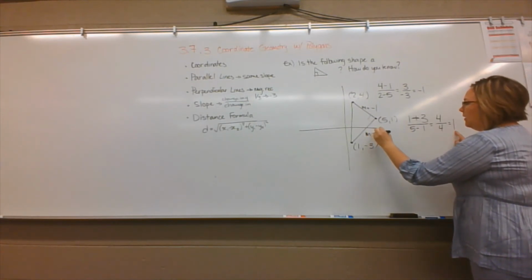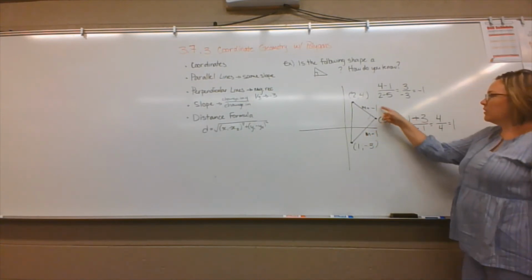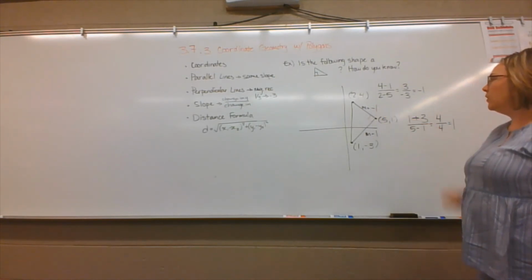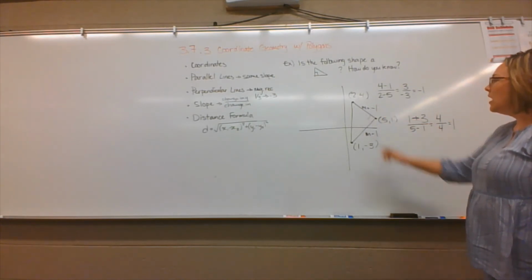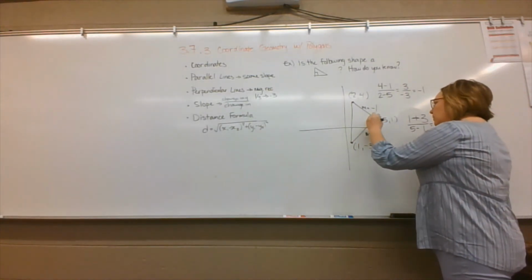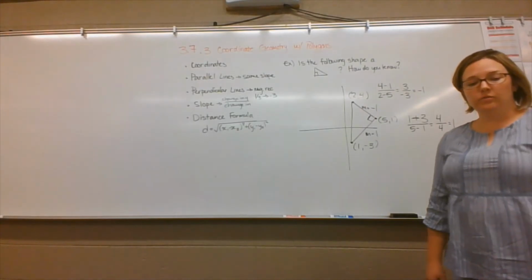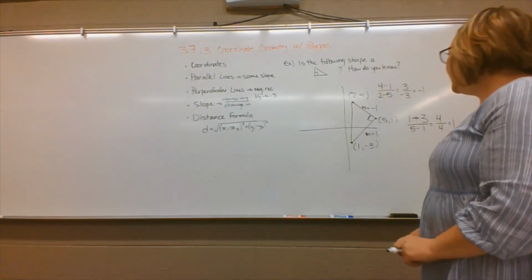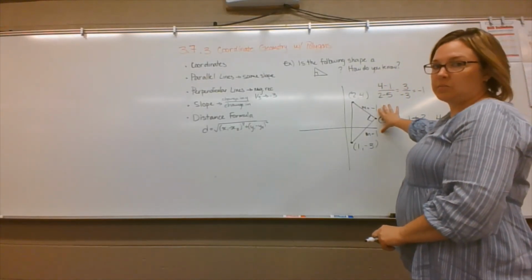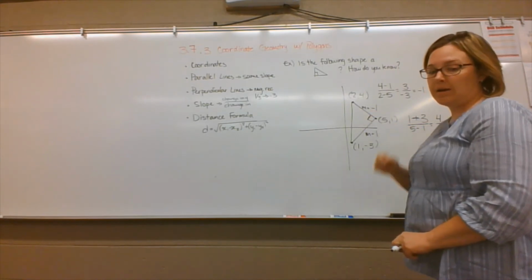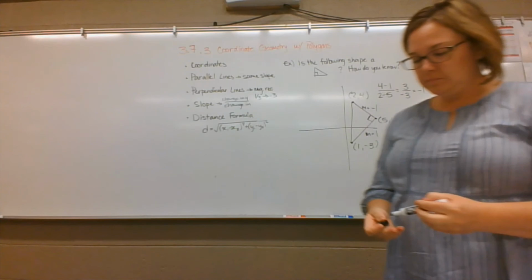So we have slopes that are negative reciprocals of each other. So 1 and negative 1 are the negative reciprocals. That creates a right angle right here. So we do indeed have a right triangle. Again, if these were not negative reciprocals of each other, then we would not have a right angle, so it would not be a right triangle.